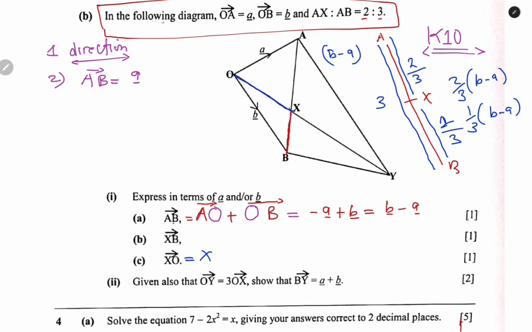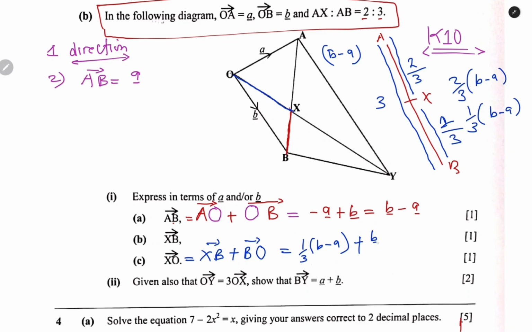So we are going to take XB plus BO. Okay, plus BO. XB we have is 1 over 3 B minus A. Then plus, what about BO? It's just B. Okay, it's just B.